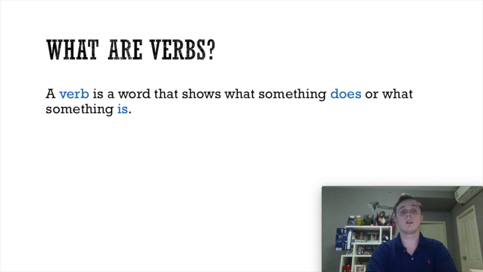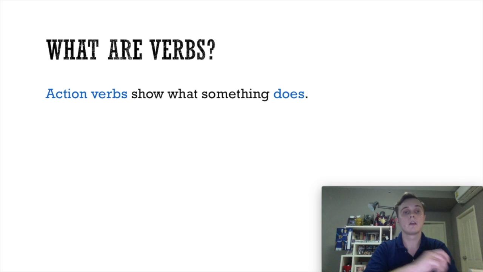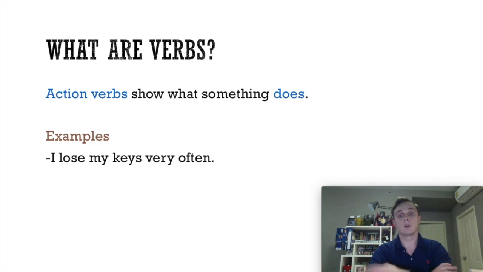So I hope you all remember that a verb is a word that shows what something does or what something is. So there's two types of verbs. Action verbs show what something does. So we're going to look at these examples, and I want you to find the action verb in each sentence.